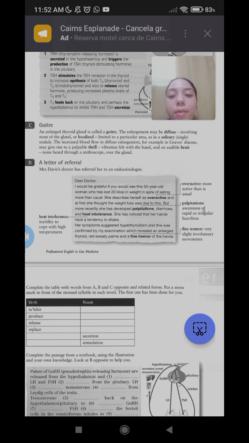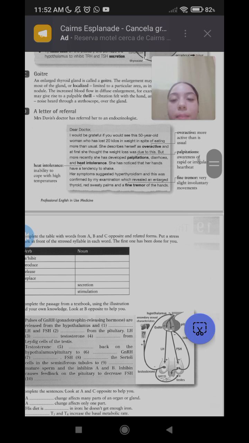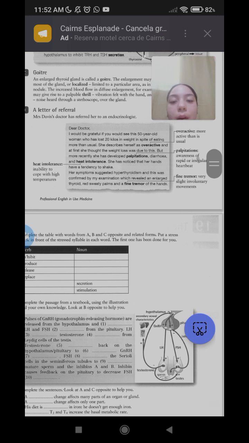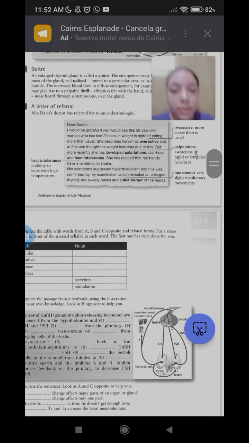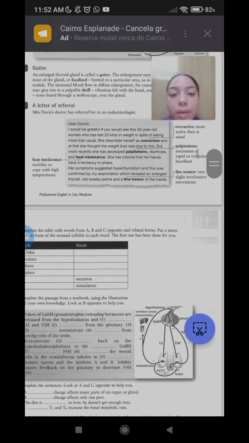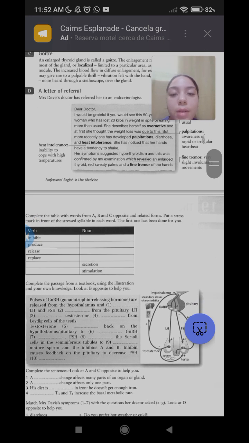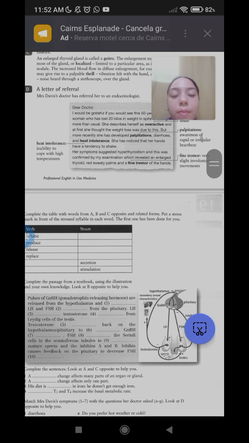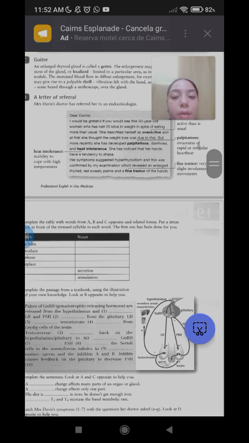A letter of referral. Dear doctor, I would be grateful if you would see this 50 year old woman who has lost 12 kilos in weight in spite of eating more than usual.